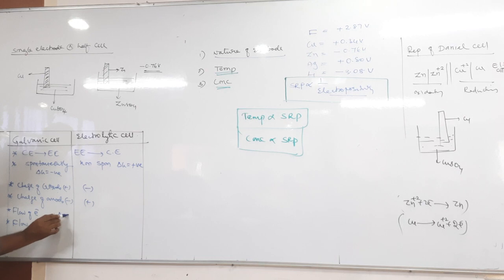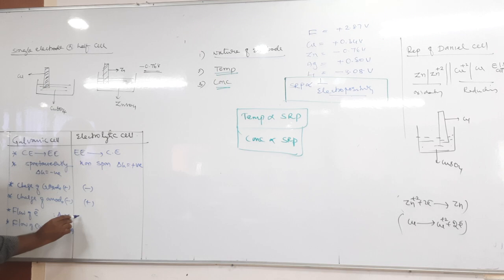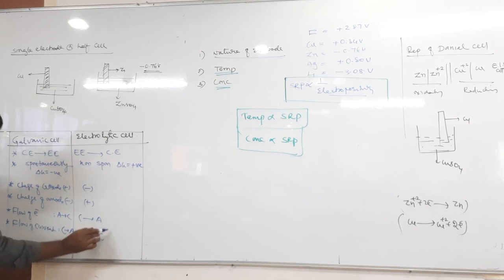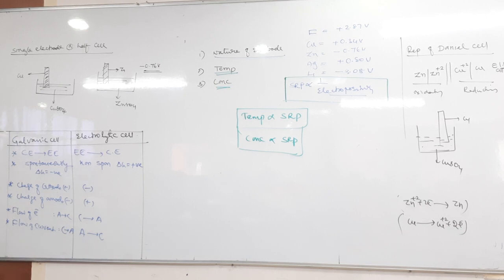Externally, it is anode to cathode, and current is cathode to anode. Here, in the electrolytic cell, it is cathode to anode for electrons. It's quite opposite.